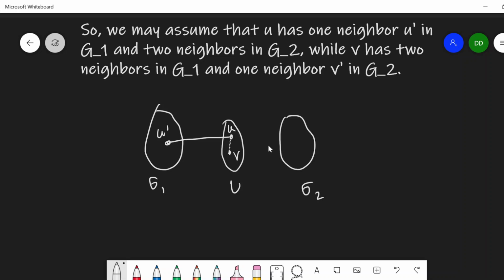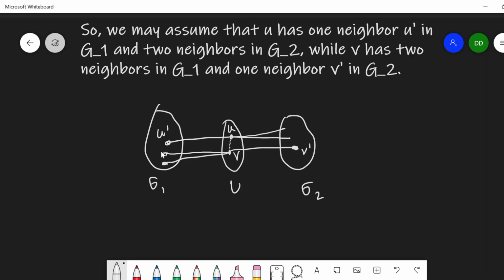We'll call it U prime, and V has two neighbors in G1. I'm not going to name them because I don't need them. And let's see, U has two neighbors in G2, and V has just one neighbor in G2. So I'll call that V prime.